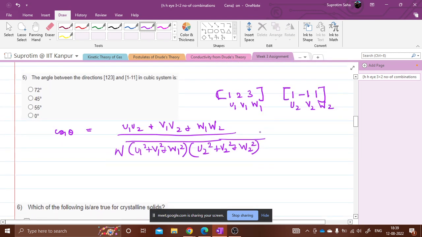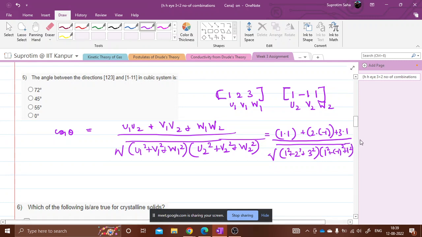So this is the case, and now this is 1 times 1 plus 2 times minus 1 plus 3 times 1 divided by root under 1 squared plus 2 squared plus 3 squared times 1 squared plus minus 1 squared plus 1 squared, right?